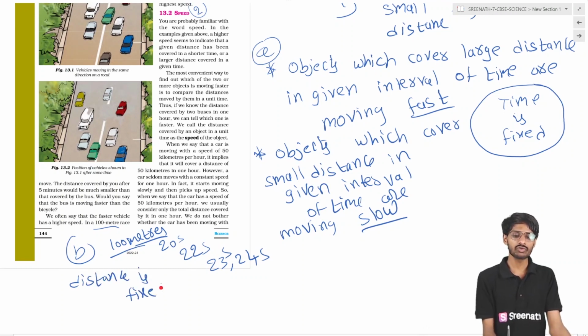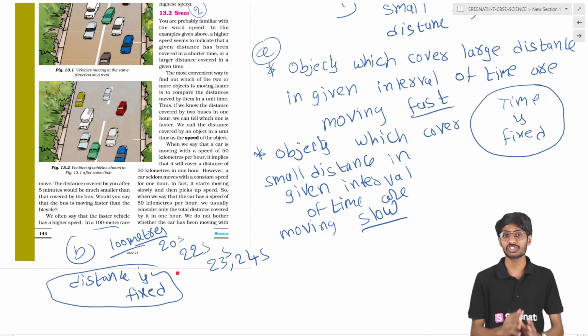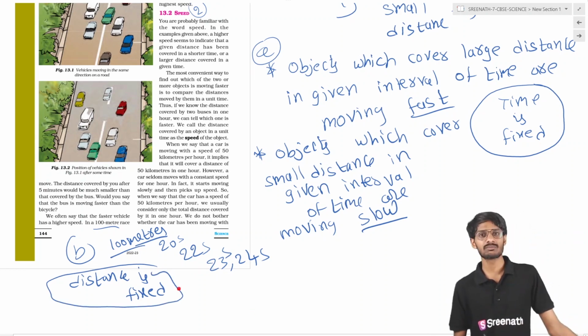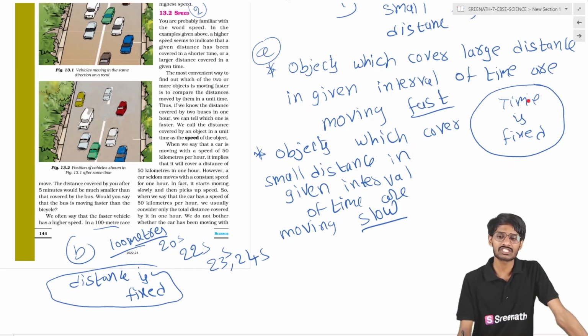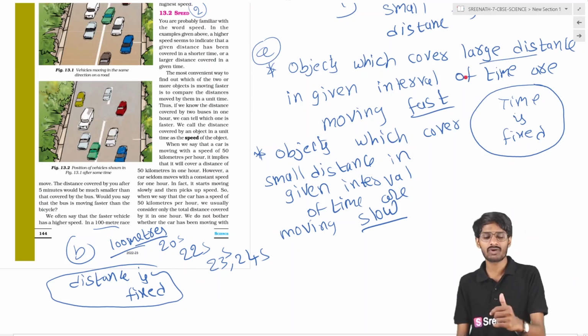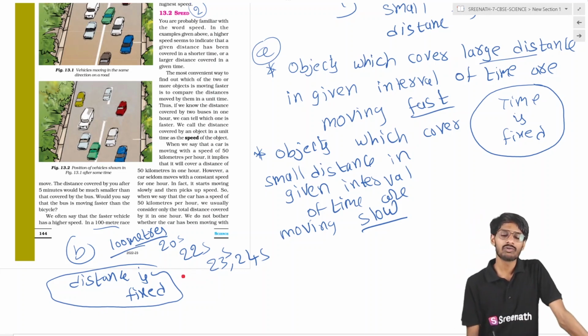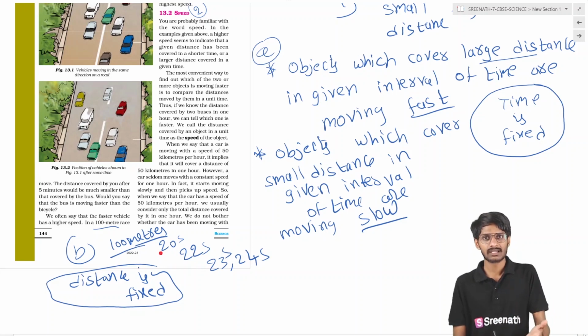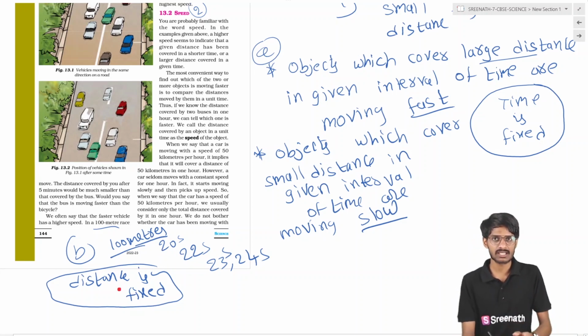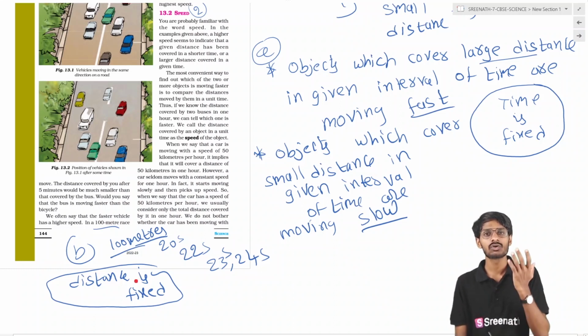So whenever time is fixed, we decide by distance; whichever covers large distance is moving fast. Whenever distance is fixed, we decide by time. Whoever covers this distance in short time has more speed.